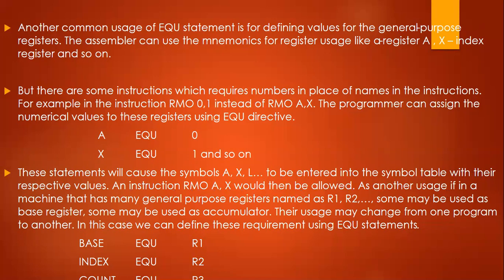But for our program, instead of using those R1, R2, R3, we would like to use them with some other names. Like R1 register, I want to use as a base register, R2 register as an index register, and R3 register as a count exactly.